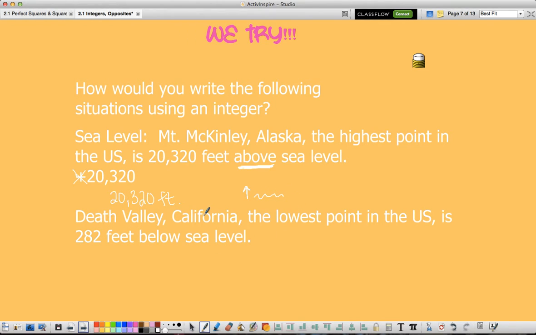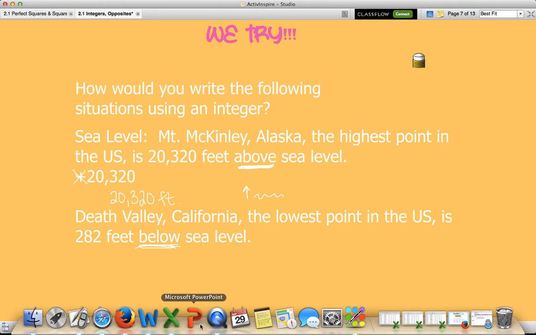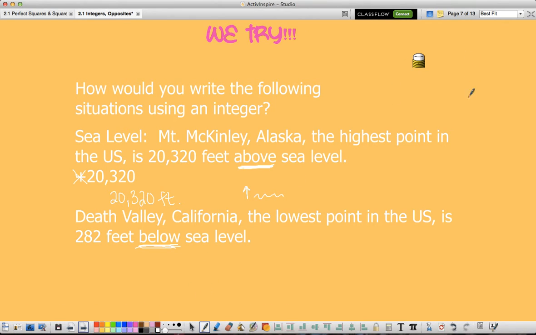Death Valley, California is actually the lowest point in the U.S. It's 282 feet below sea level. So if I were just to look at a map with elevations on it, so if it just had numbers, like we said, Denver is 5,280 feet above sea level. Mount McKinley is 20,320 feet.